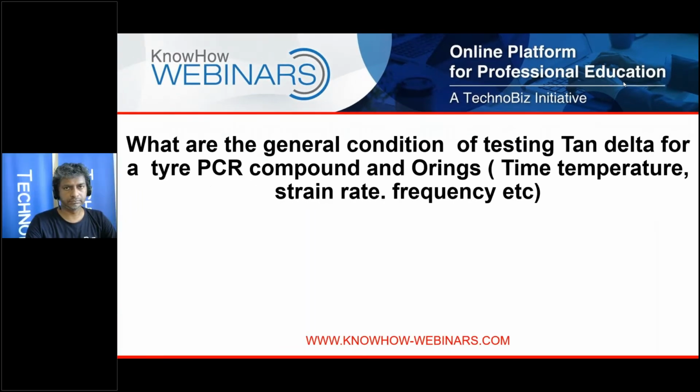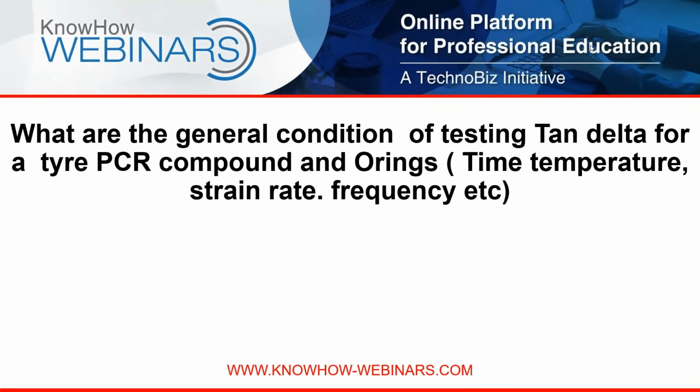Say for example, let us go to your PCR compound. When a passenger car is running on a road at a speed of say 0 to 110 kilometers per hour, the maximum frequency range for such a condition is 0 to 15 hertz.